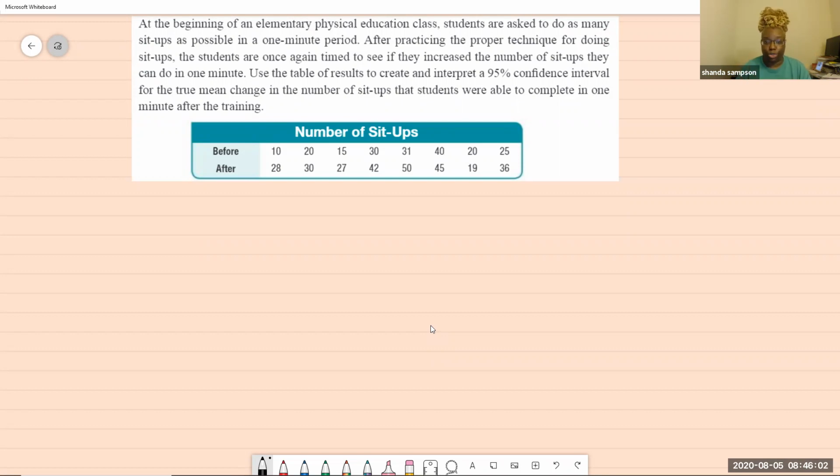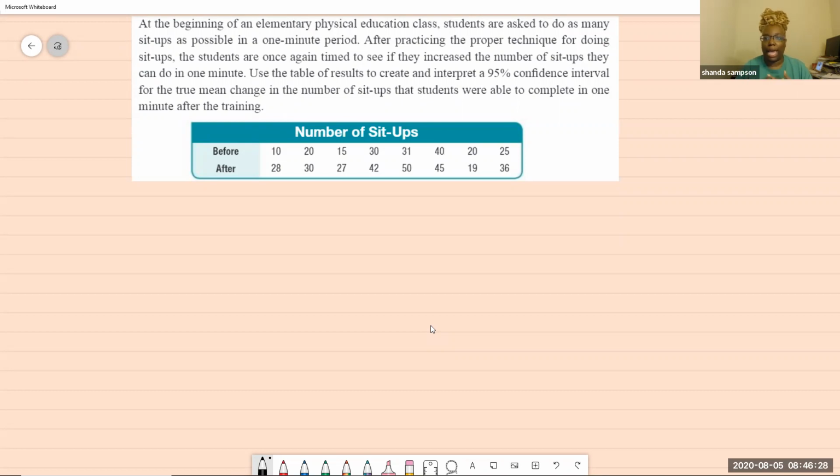After practicing the proper technique for doing sit-ups, the students are once again timed to see if they've increased the number of sit-ups they can do in 1 minute. Use the table of results to create and interpret a 95% confidence interval for the true mean change in the number of sit-ups that students were able to complete in 1 minute after the training.